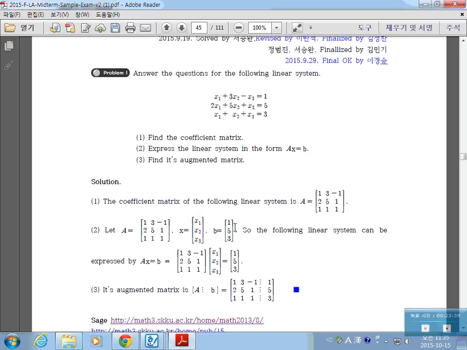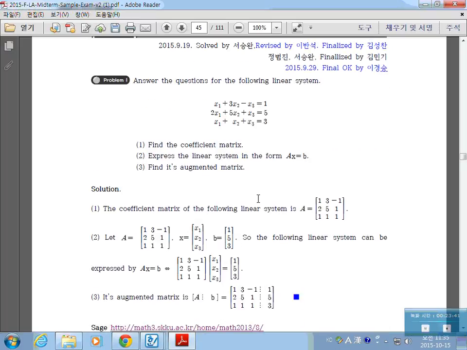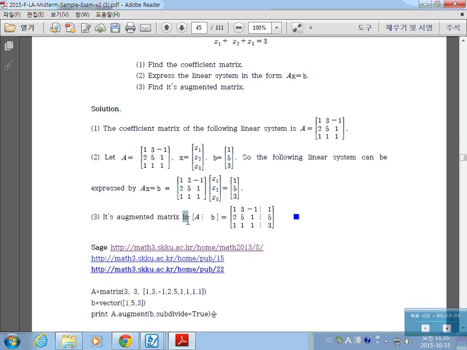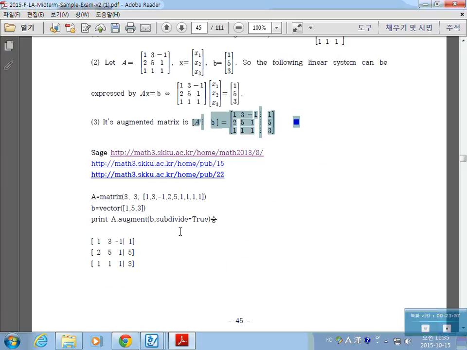And now is chapter 2, solving linear systems of equations. Find the coefficient matrix of this linear system of equations like that, and express this linear system in the form AX equals B, and then find this augmented matrix like this. It all can be done by the simple command like this.